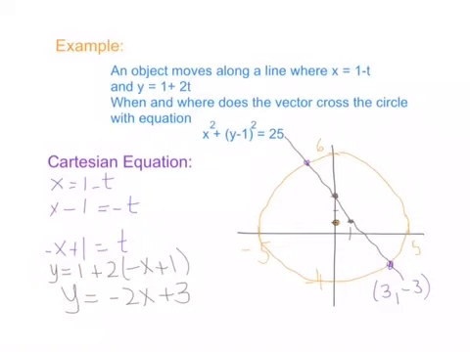And the other point right here is (−7/5, 29/5), or if I change it to decimals, it's about (−1.4, 5.8). So we're close: negative 1.4, like 1.5 almost, and 5.8, so close to 6.